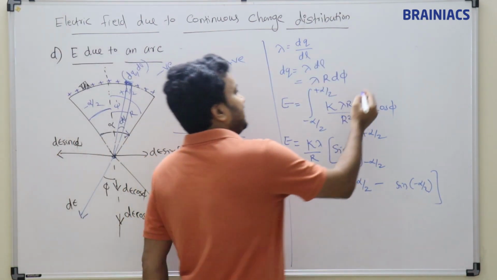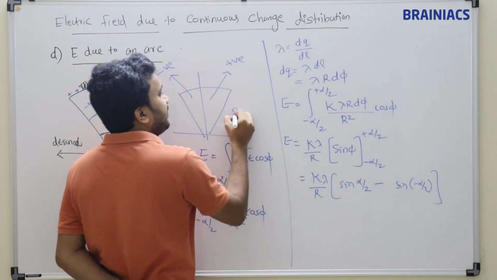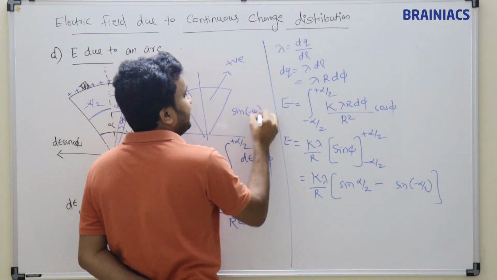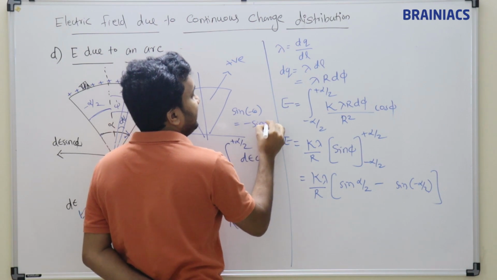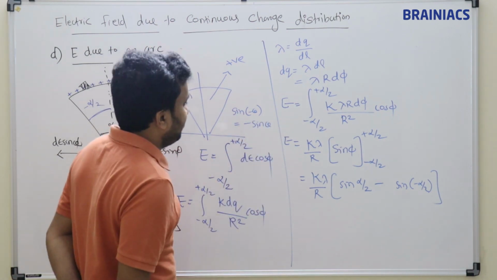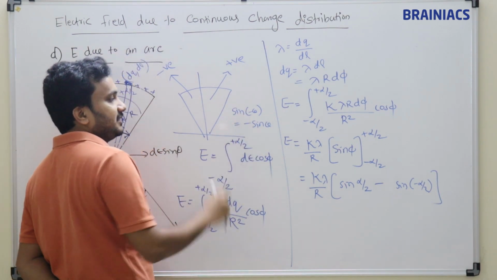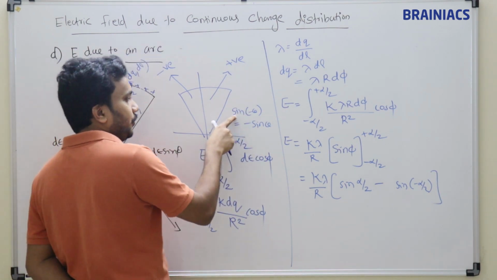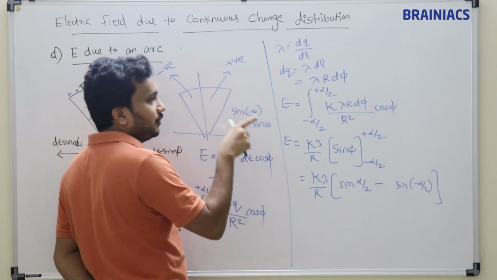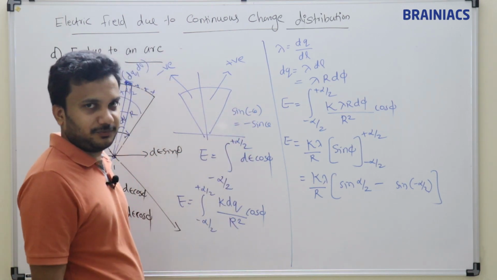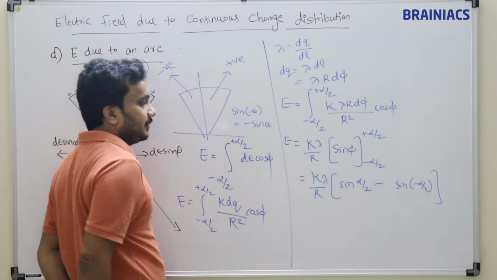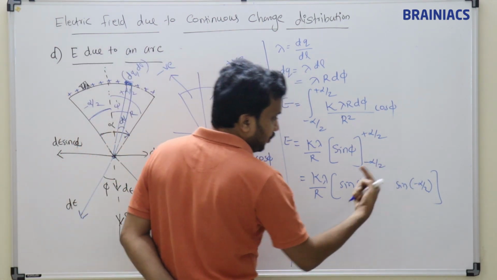One basic mathematical principle will be there. What is that basic principle? Sin of minus theta equal to minus sin theta. You have learned sin theta is an odd function. Instead of sin, if cos comes, cos of minus theta equal to cos theta, plus will come for cos. For sin, minus will come. So this minus will come out.